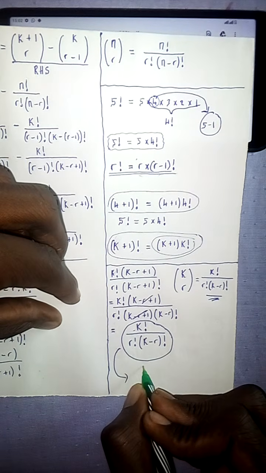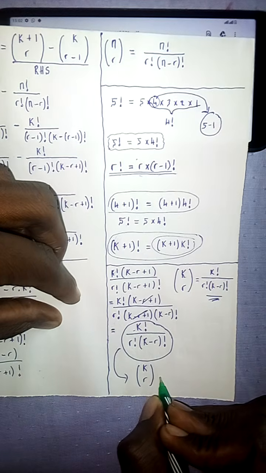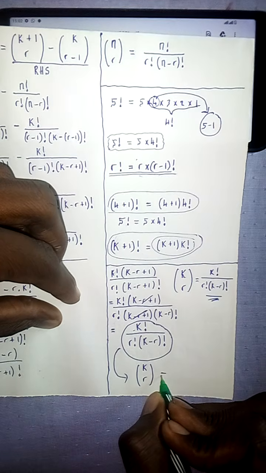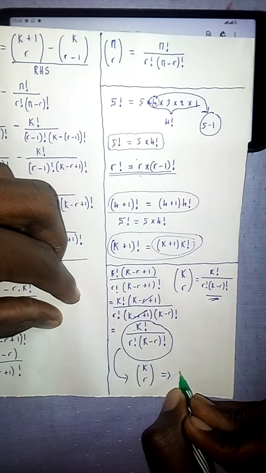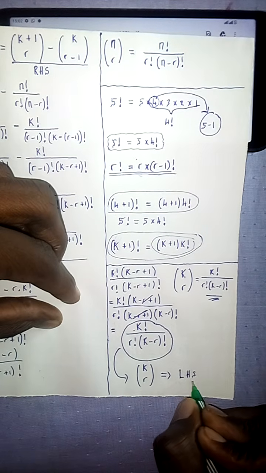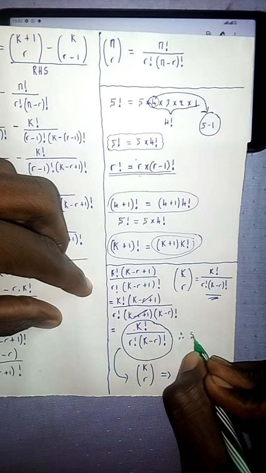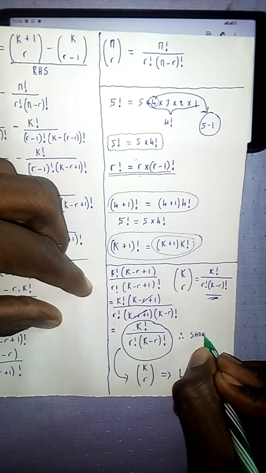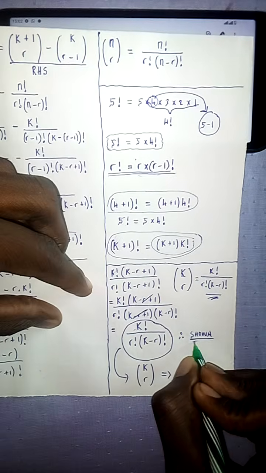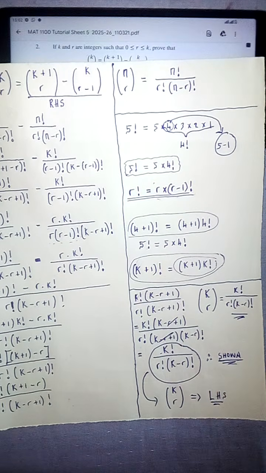So it will be k r, which is equivalent to the left hand side. Hence shown, guys. Hope that was clear. Let's move to the next question.